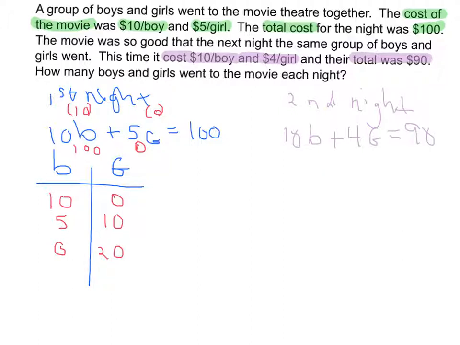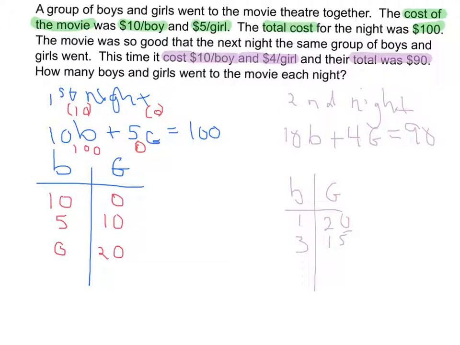Okay, so again we'll make our B and G table. So if there was 1 boy, plug it in, and that would mean that there were 20 girls. 3 boys, there would be 15 girls.